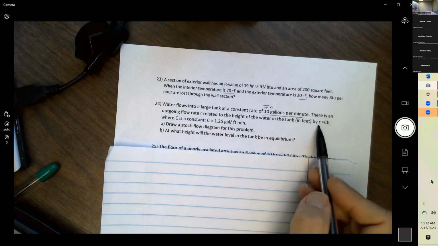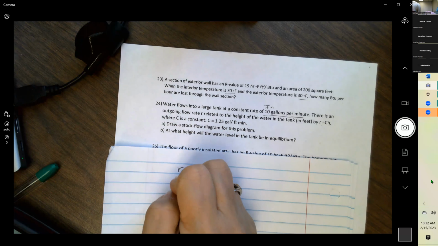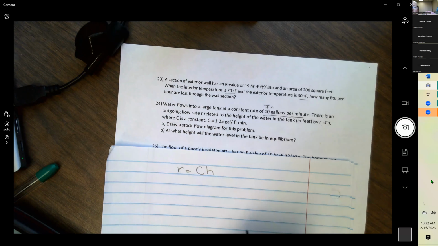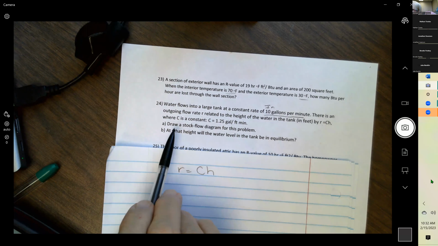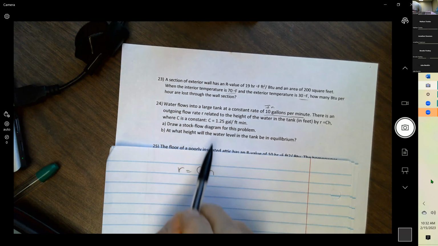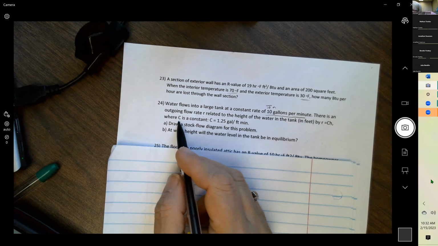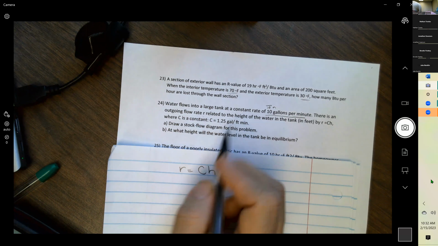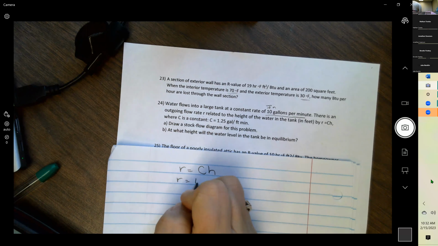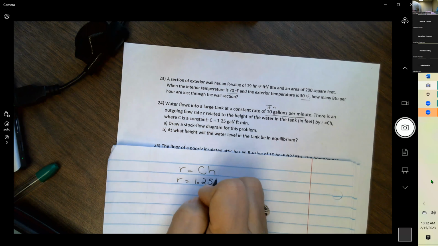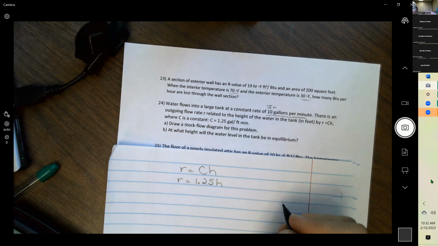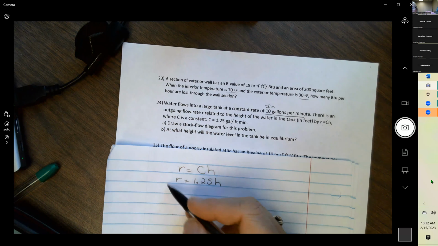So they give us the formula R equals C times H. C is a constant, and they gave it 1.25 H. So this is our formula. You just plug into it.